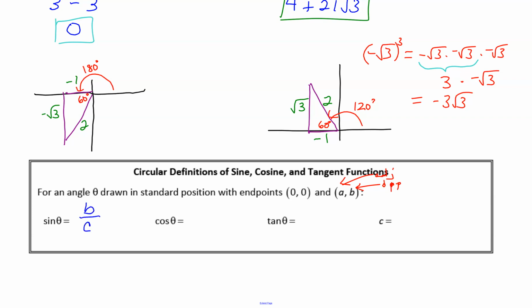Sine of theta equals opposite over hypotenuse, and cosine of theta equals adjacent over hypotenuse. Tangent is opposite over adjacent, and c is the length of the hypotenuse given legs of a and b.